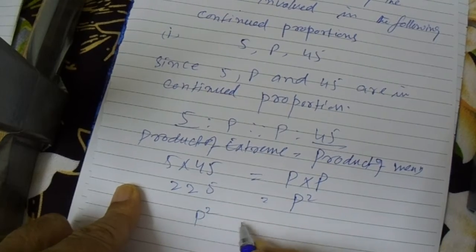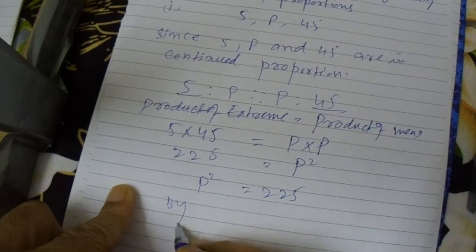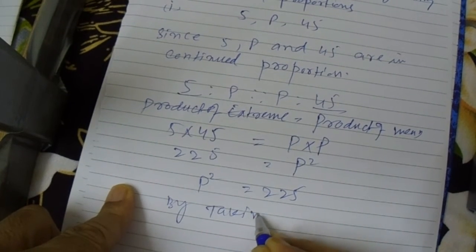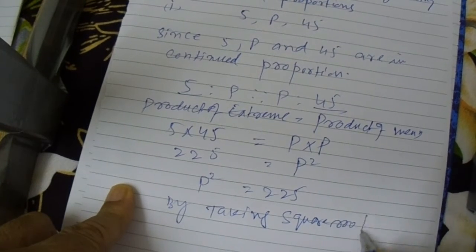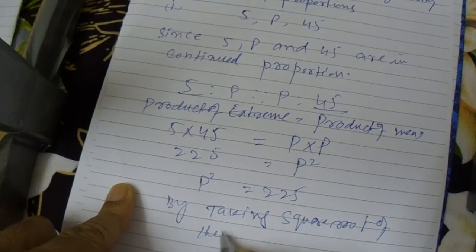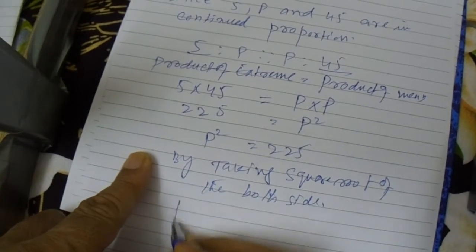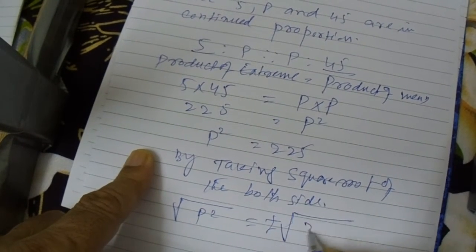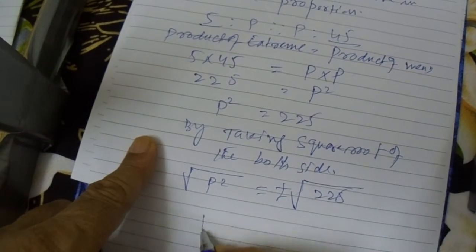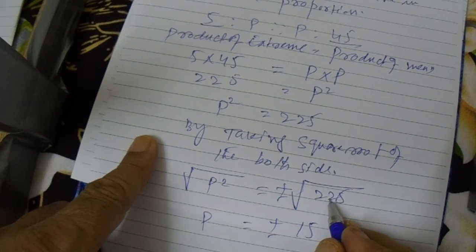Now P square is equal to 225. By taking the square root of both sides, we get root P square is equal to plus minus root 225, and P is equal to plus minus 15.